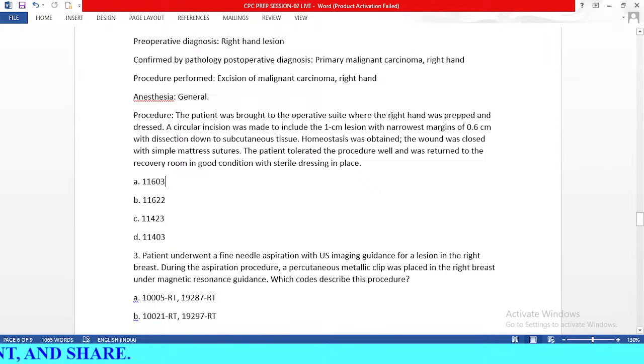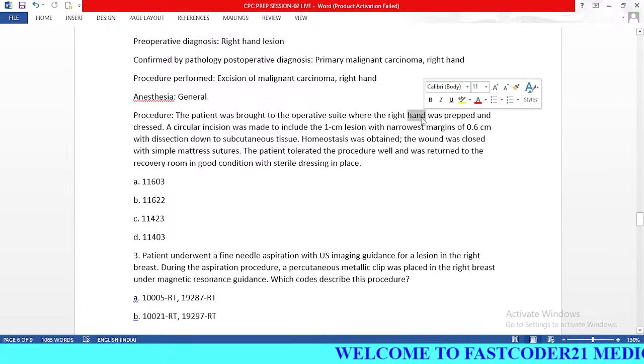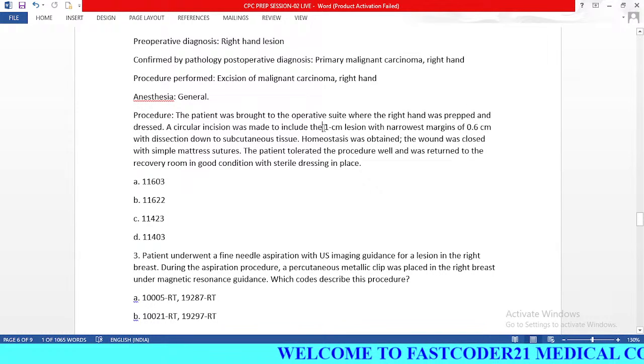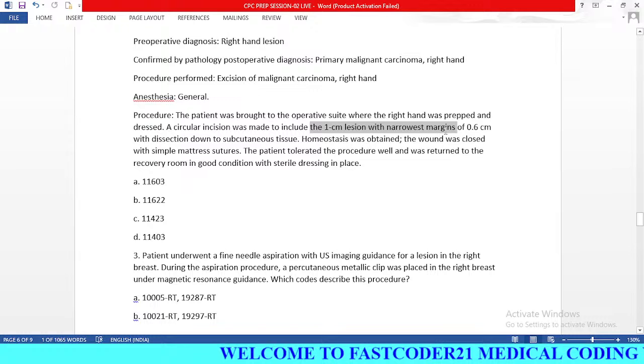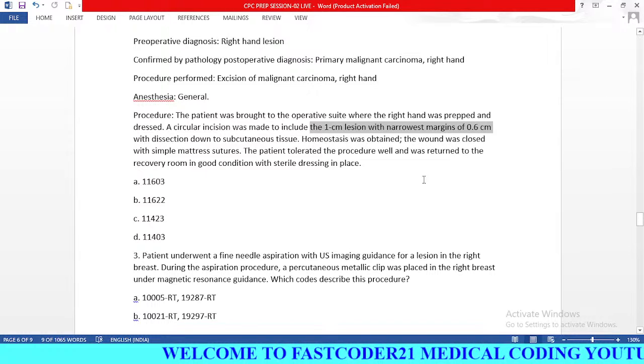Here our location is the hand. This is very important to understand, because excisions depend on location and dimensions. Here the location is the hand and the lesion size is 1 centimeter with narrowest margins of 0.6 centimeter.